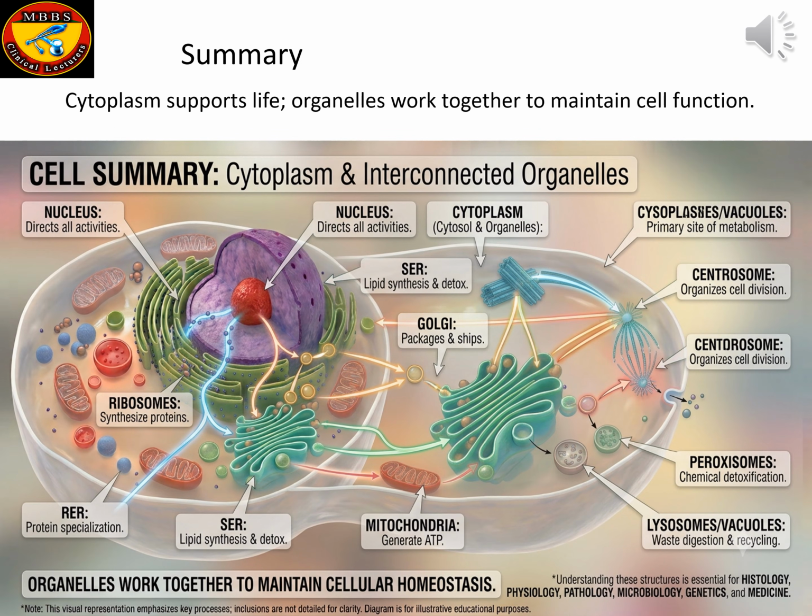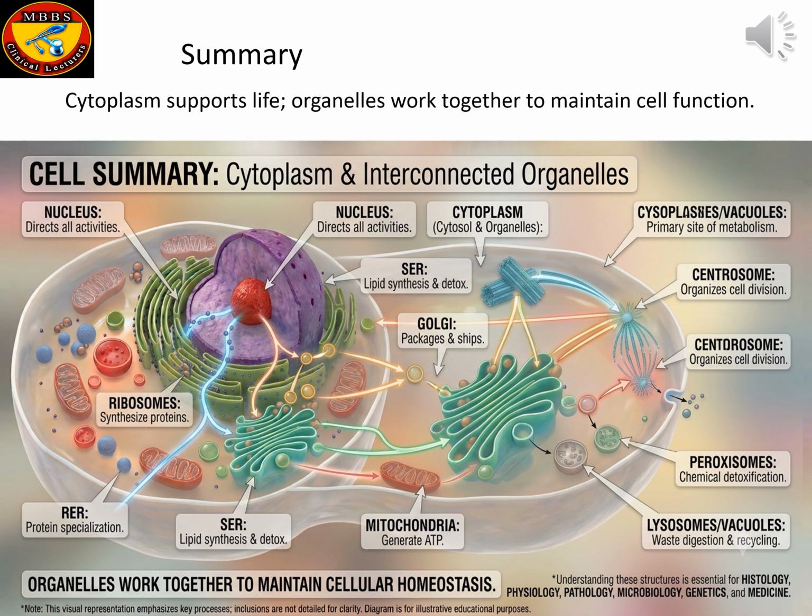Summary. Speaker notes. Today we studied the cytoplasm and its major organelles. Remember these key points. The cytoplasm is the site of most cellular activities. The cytosol provides the medium for metabolic reactions. Ribosomes synthesize proteins. Endoplasmic reticulum manufactures proteins and lipids.